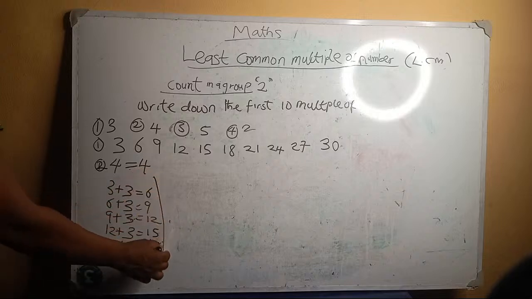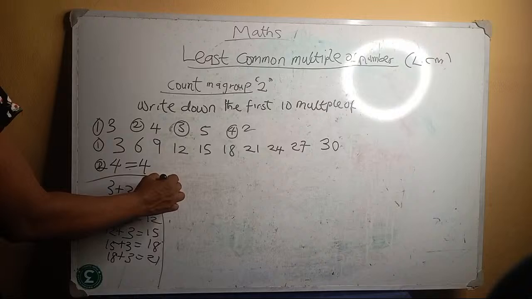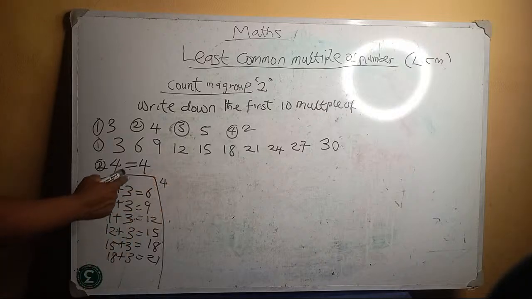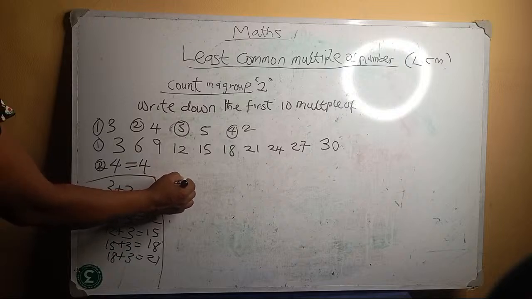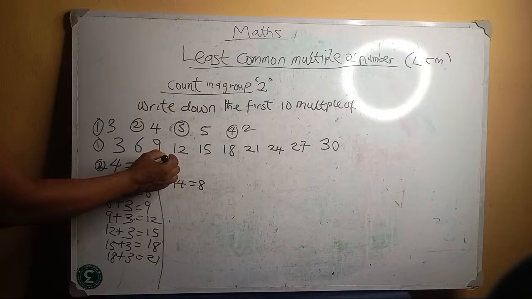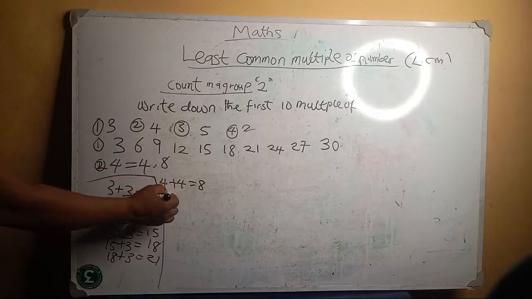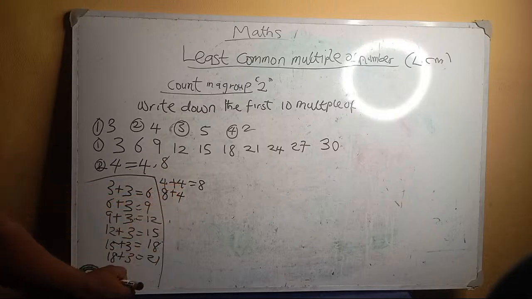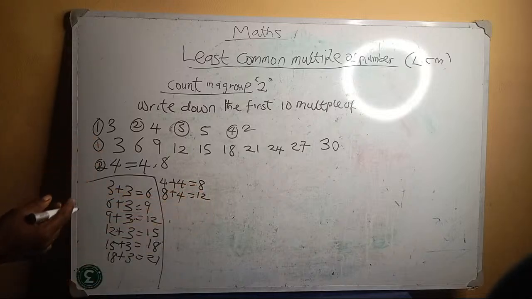Then this is the multiples of 4. So now, from the answer, 4 plus 4 is equals to what? 8. You put 8 as your answer. Coming down here, this 8, that is your answer, plus another 4 is equals to what? 12. So I just want to make this your own understanding.